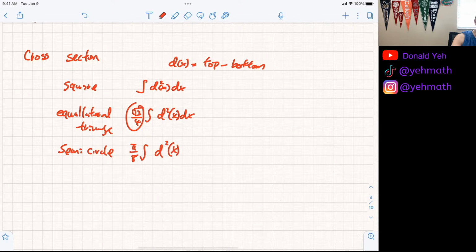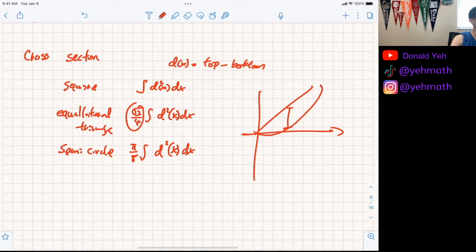And by the way, do you know why it's pi over 8? Because if you take these two graphs, this difference is actually the diameter as opposed to the radius. So the radius is going to be d over 2, so it'll be d over 2 squared, which is d squared over 4.